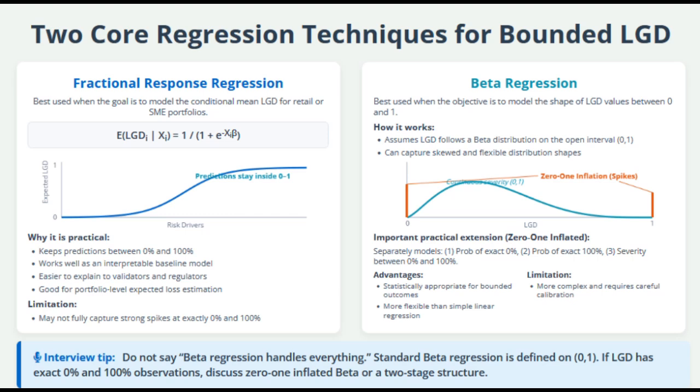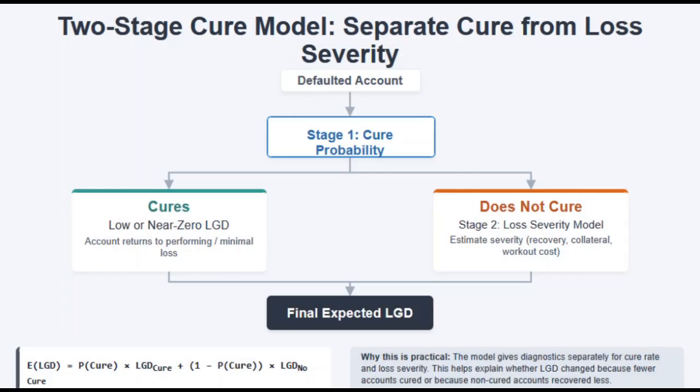The advantage of this method is that it is theoretically appropriate and a very flexible distribution. The disadvantage is that it is very complex and requires careful calibration. So one needs to look at both these approaches very carefully.